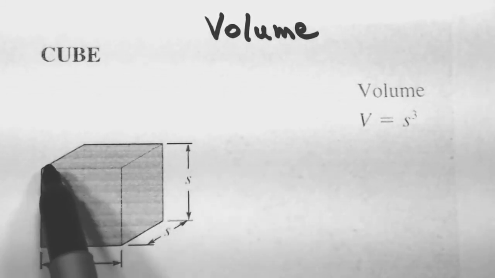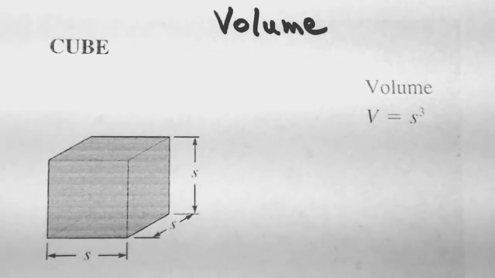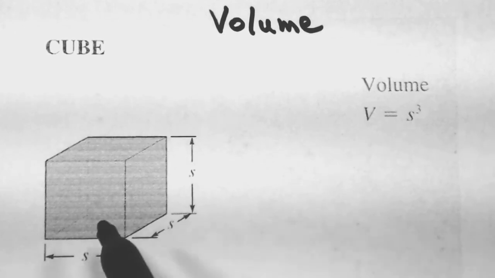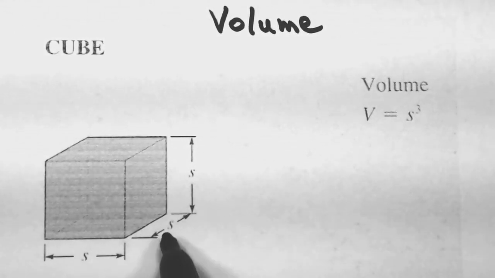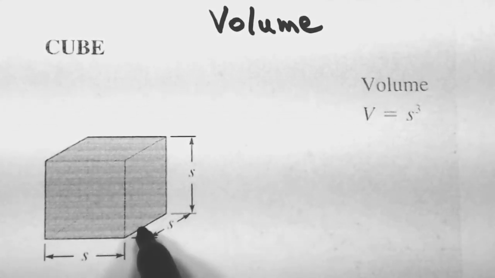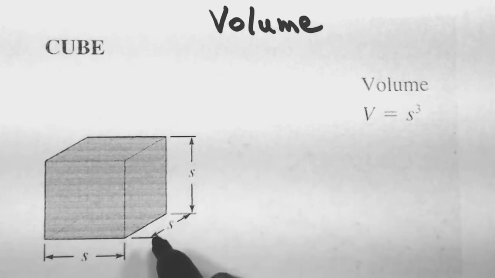What if we have a cube? You can think of the sugar cube, although I don't think we see sugar cubes as much nowadays as we used to. But if you have a cube, that implies that all of the sides are the same. So, across the front, along the side, and straight up, they're all the same thing. And we can use that same S again. So what's the volume equal?